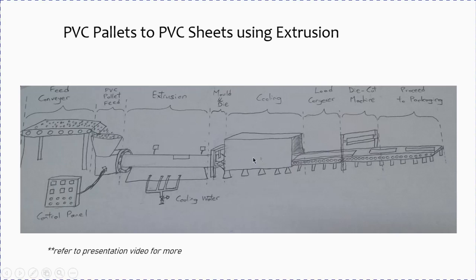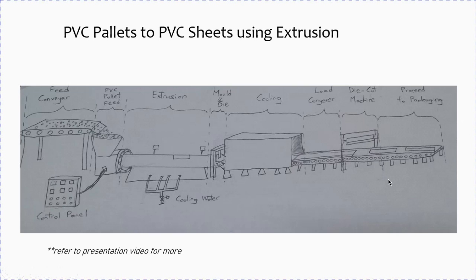After that, the materials will be cooled in a long cooling zone, and conveyed to the die cut machine area for proper sizing. Eventually, the finished product, which is now the PVC sheets, will be sent to packaging and be ready for selling.